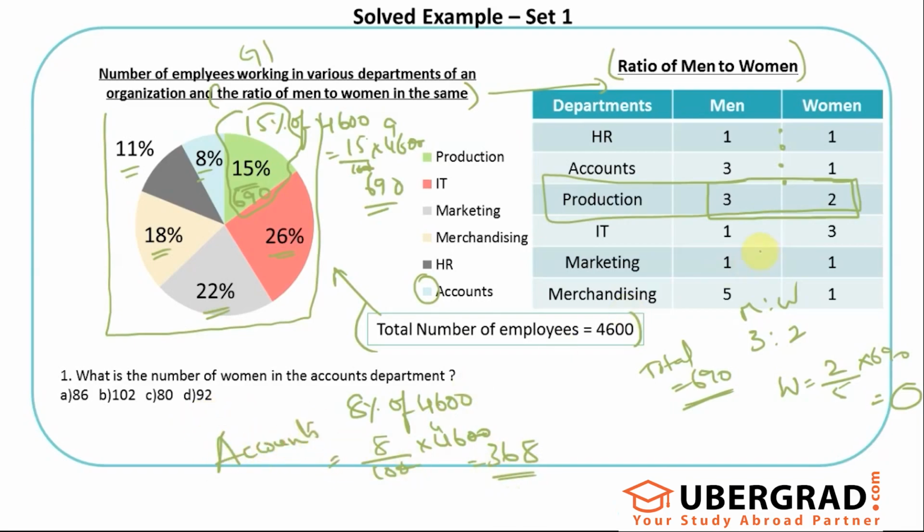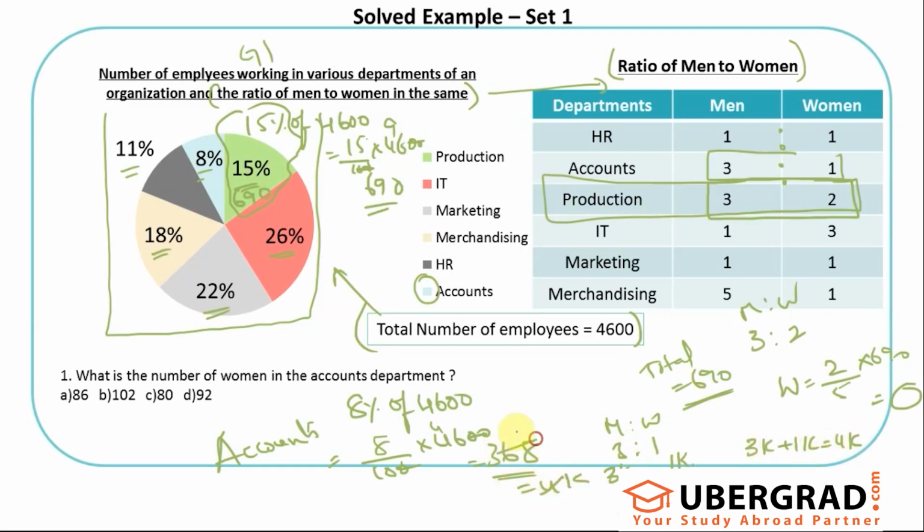What is the ratio of men to women in accounts? 3:1. So for every one woman, we have 3 men. So actual numbers, I take it as 3K, 1K. So the total is 3K plus 1K, I have 4K people, men plus women. That should be equal to 368.